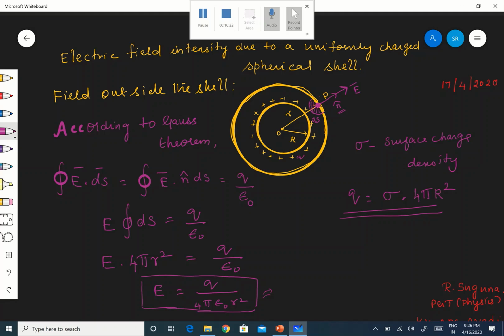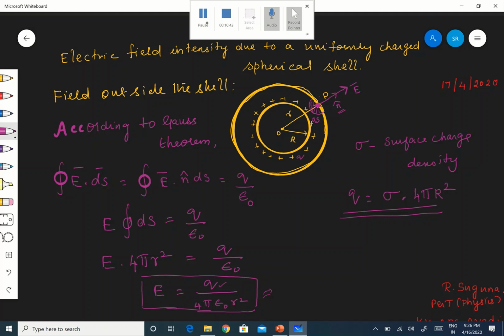For all points outside the shell, the shell behaves as if the whole charge is concentrated at the center. That is why you get Q divided by 4 pi epsilon naught r squared.